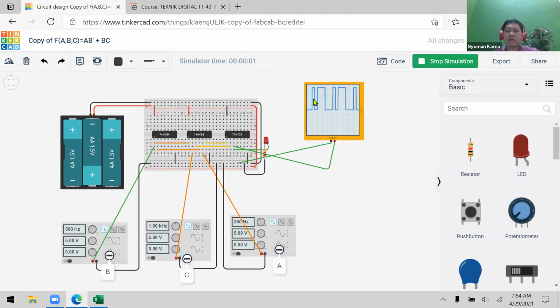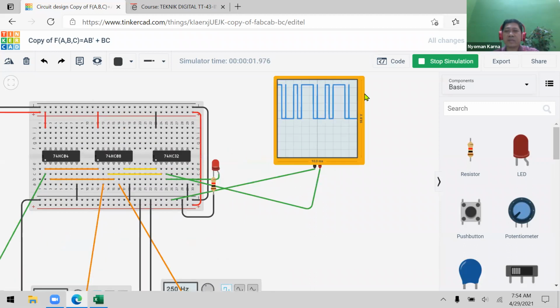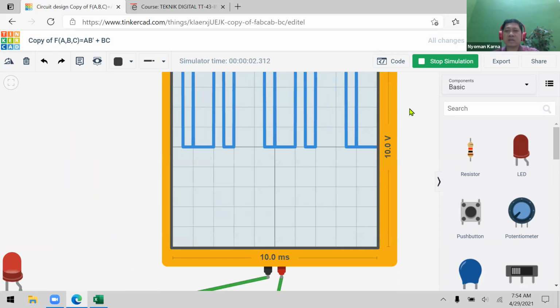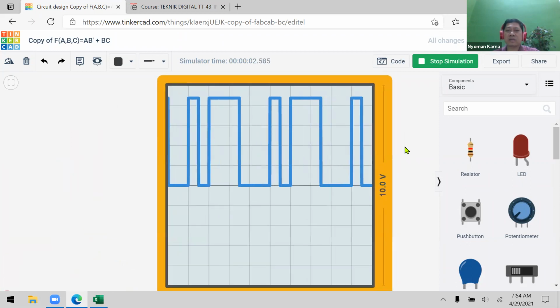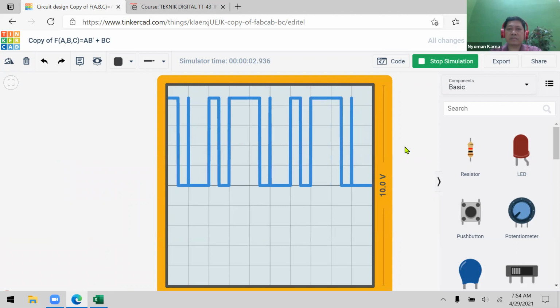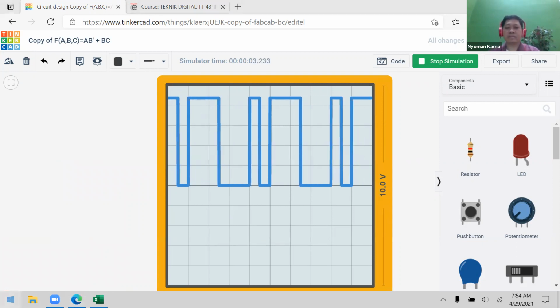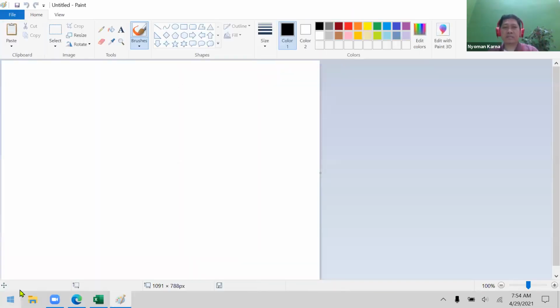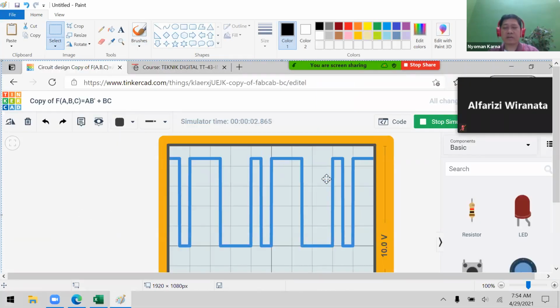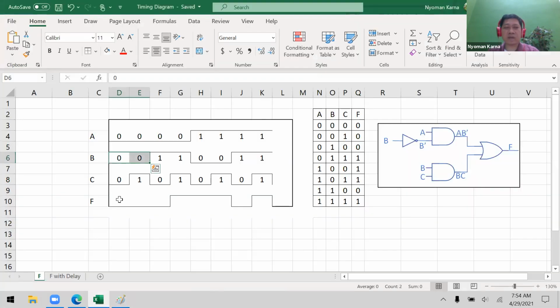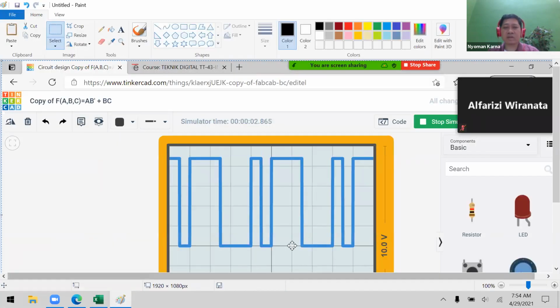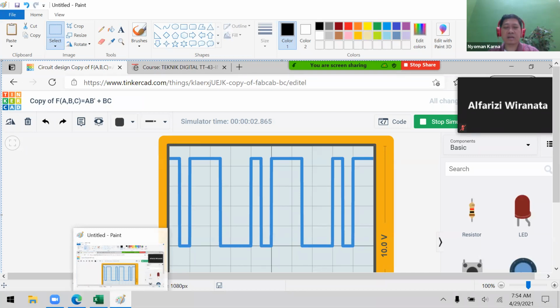Now, as you can see in here, this is the output signal of F. Now let's try to capture. Now, you can see in here, just like our example, 0, 0, 0, we also have the 0, 0, 0, and then 1, and then 0.